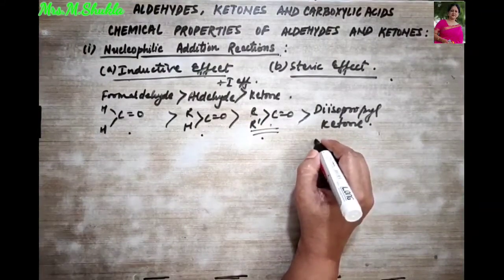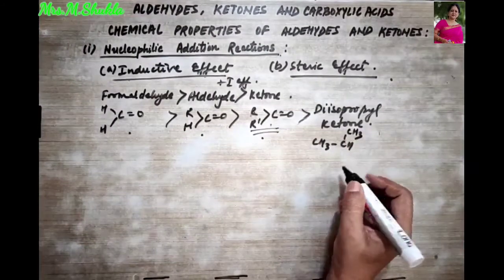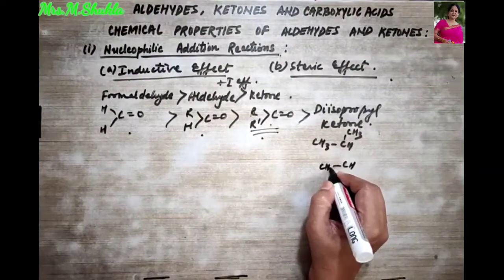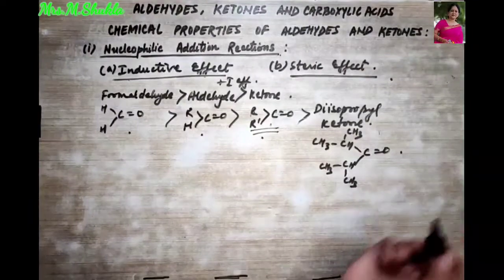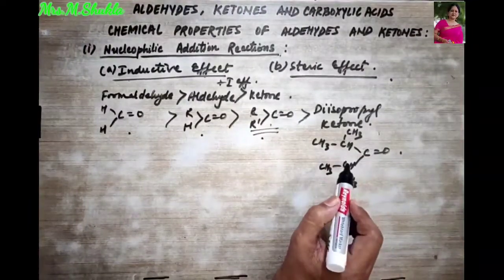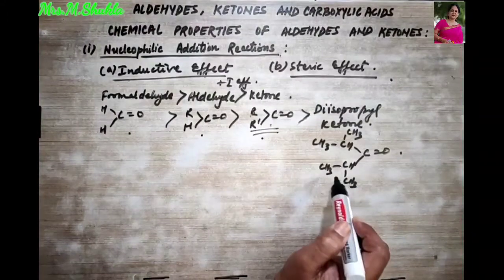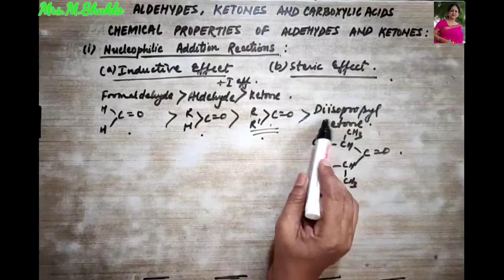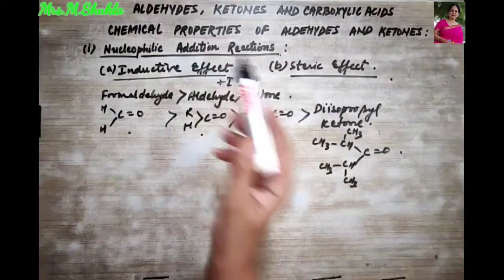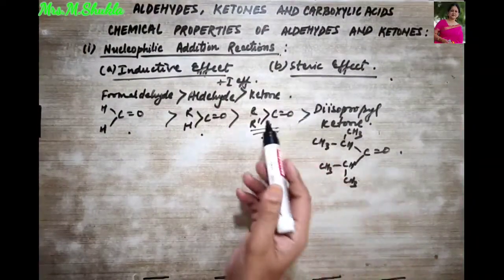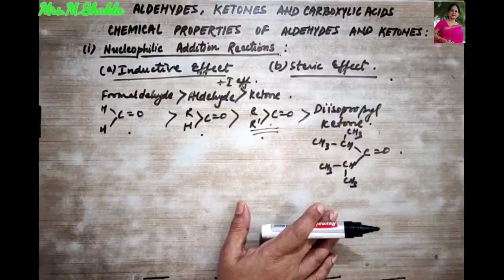So let me show it to you. (CH3)2CH, (CH3)2CH, C double bond O. So you can see the steric hindrance is more, right? Thus, due to the bulkiness of this R group over here, this particular diisopropyl ketone is still less reactive towards the nucleophilic addition reactions than your ketone or aldehyde or formaldehyde. I hope this point is clear.